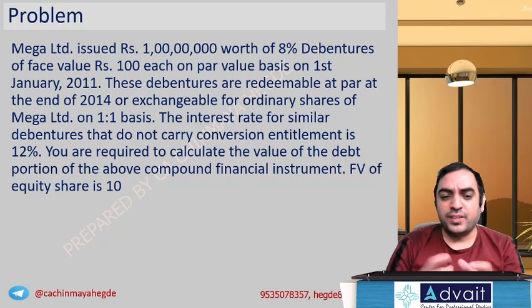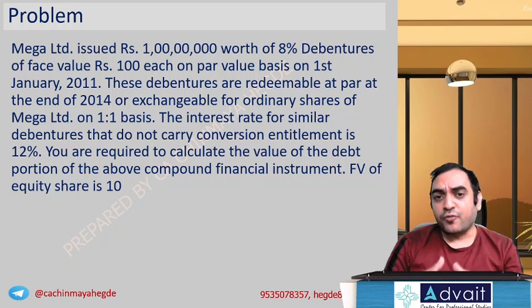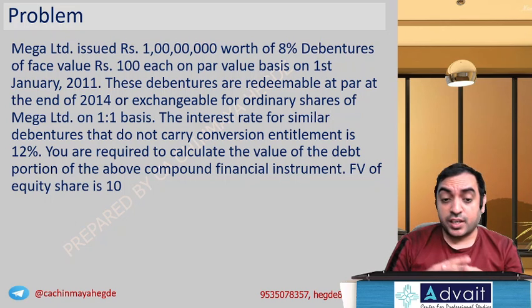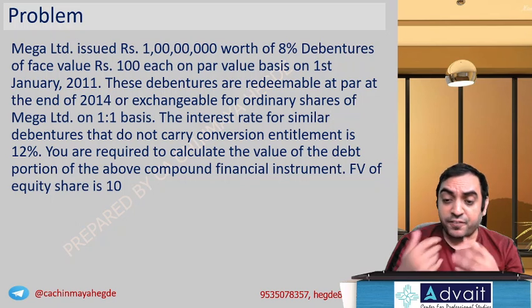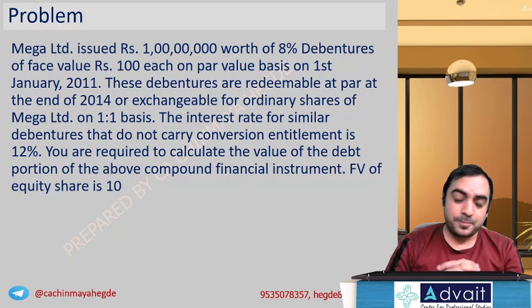For every one debenture, you get one share. So with face value of 100 each, for one debenture you'll be getting one share. The interest for similar debentures that do not carry conversion entitlement is 12%. You're required to calculate the value of debt portion of the above compound financial instrument, and face value of equity share is rupees 10.